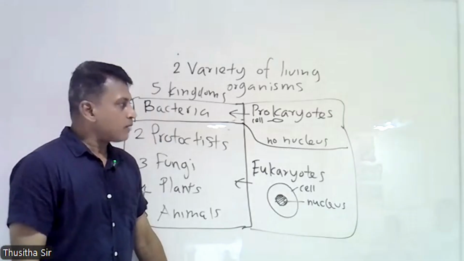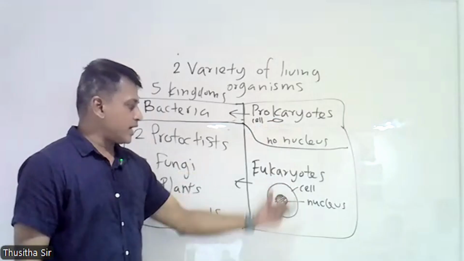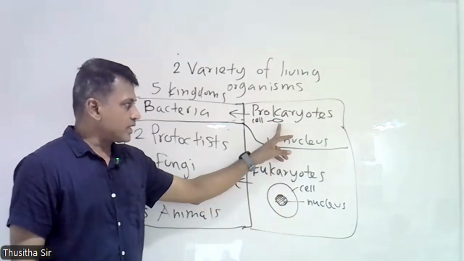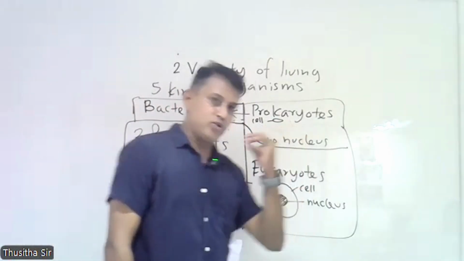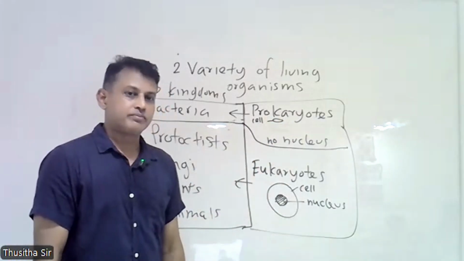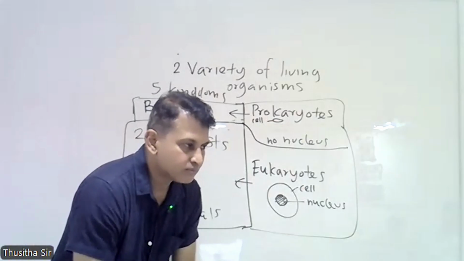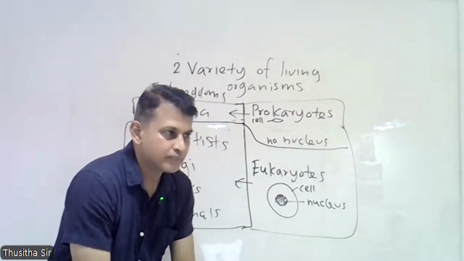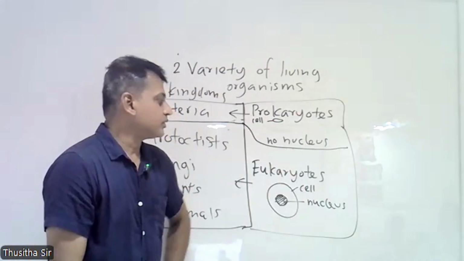Now, I'm going to ask you a simple question. The difference between prokaryotes and eukaryotes is the nucleus. They don't have a nucleus, they have a nucleus. Using critical thinking now, can you spot another difference between prokaryotes and eukaryotes? Prokaryotes don't have any nucleus, right? Prokaryotes have flagella. Eukaryotes don't have flagella.